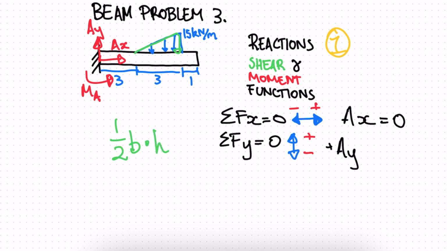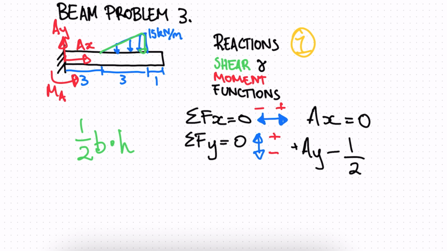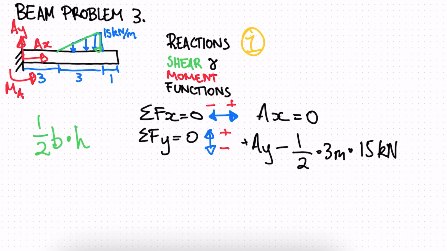The base is 3 meters and the height is 15 kilonewtons per meter. The force is acting down, so we can write negative 1/2 times 3 times 15 kilonewtons per meter, and this will be equal to 0. If we solve for AY, we end up with AY equal to 22.5 kilonewtons.